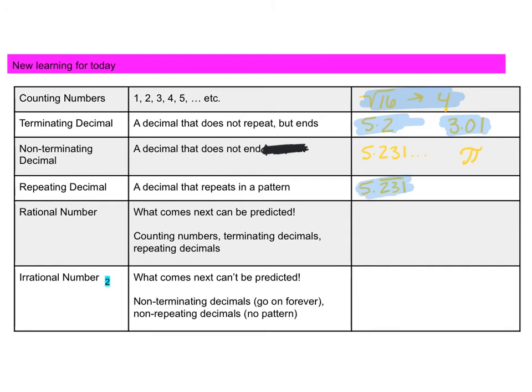And they are decimals that have a pattern. So everything that I just put in blue is a rational number. And irrational numbers are numbers that do not end and don't repeat. I just highlighted some of our irrational numbers in green. Okay, this is our new learning for today, just classifying numbers. Based on these things, we're going to move forward into some practice now.